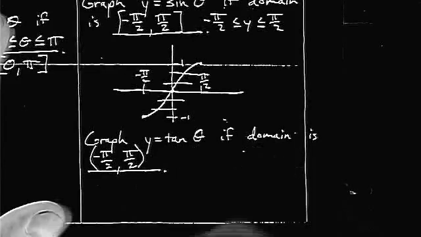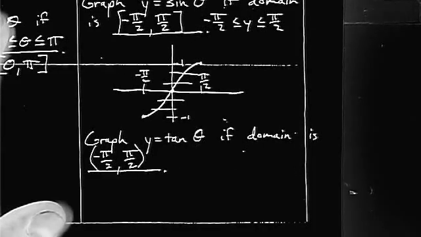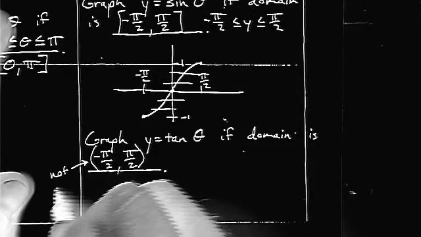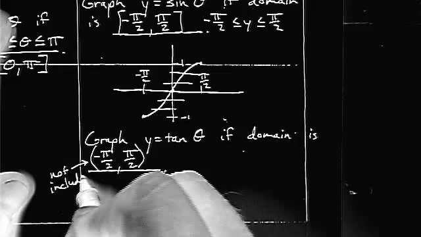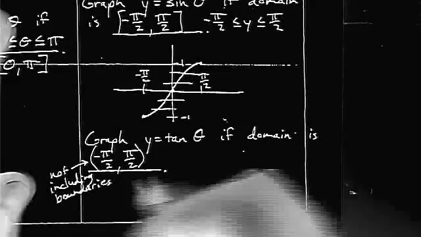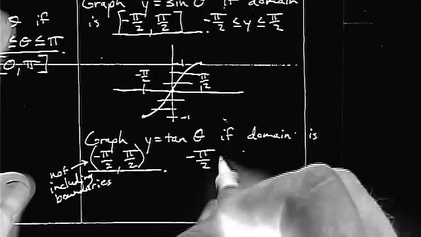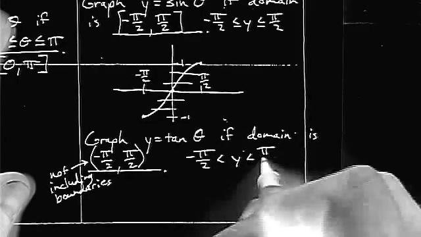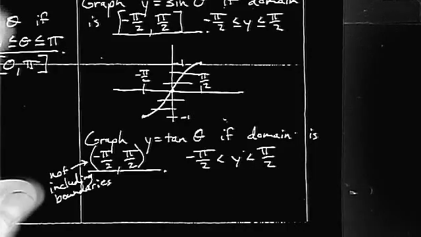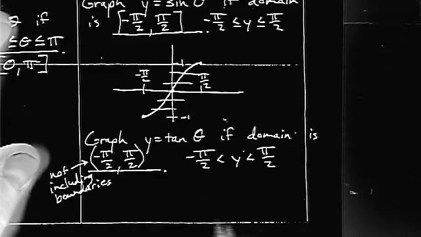I want you to notice that I'm using the open parentheses to indicate we are not including the boundaries. Another way to show that: negative pi over 2 is less than y, which is less than pi over 2. No equal to signs there, folks. That's because those boundaries are undefined.